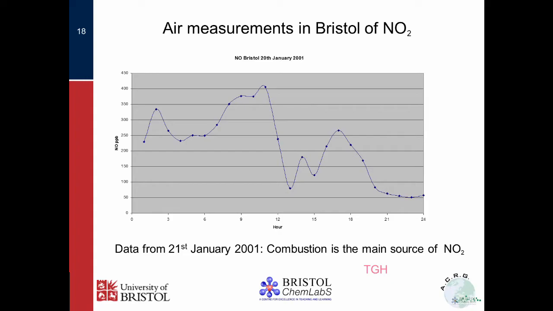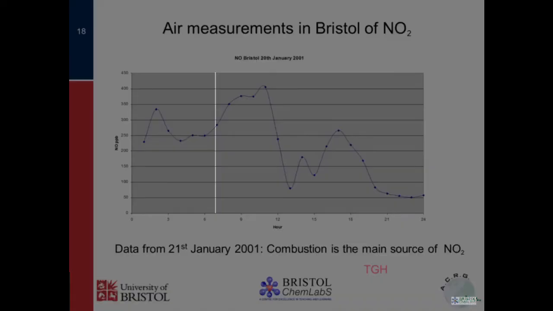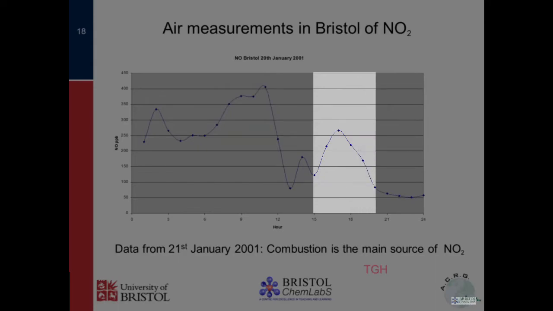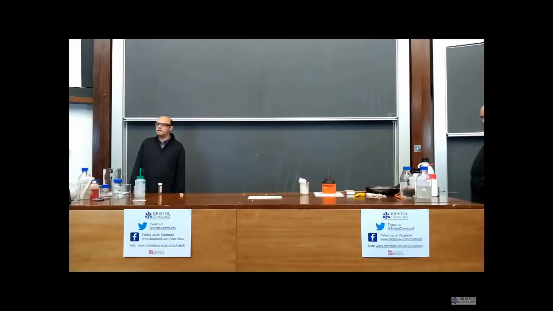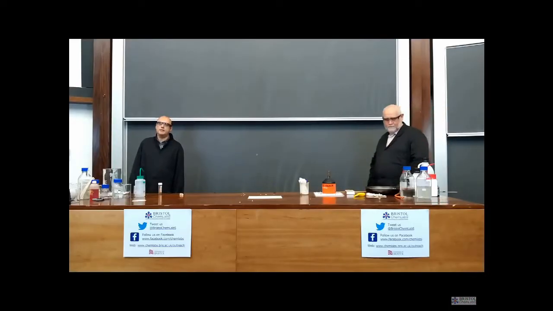There's a rise and fall between around 7 o'clock in the morning through to 10 o'clock in the morning. And then there's another rise and fall from about 3 in the afternoon through to about 7 in the evening. And I know that you're already telling me that you know why that is. It's because of rush hour traffic, people coming into and out of work or school or whatever it may be.